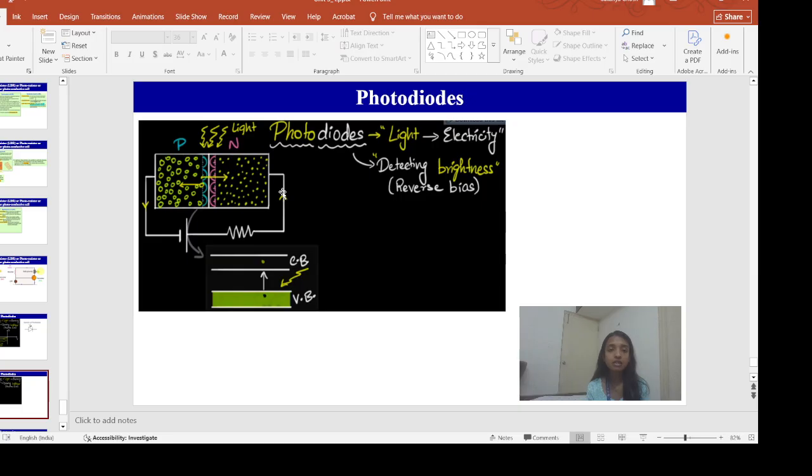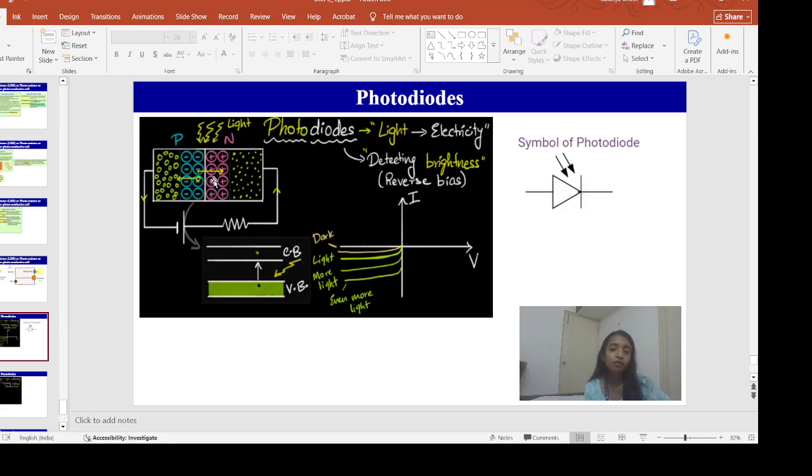That is the reason if we apply the reverse bias, we will get a very nice and large depletion region, and obviously more electron hole pairs will get generated and we get the high photocurrent. So if we draw the IV characteristics of this photodiode, it will be almost similar to the reverse bias PN junction diode.